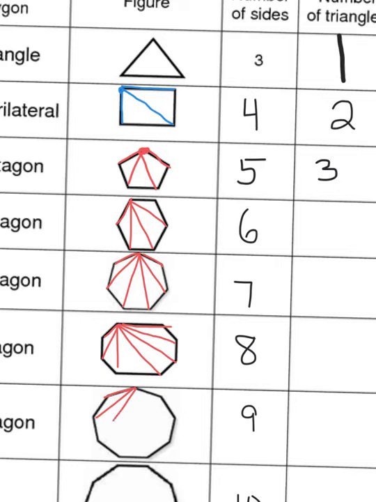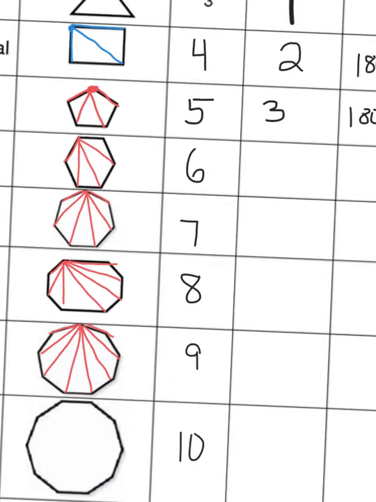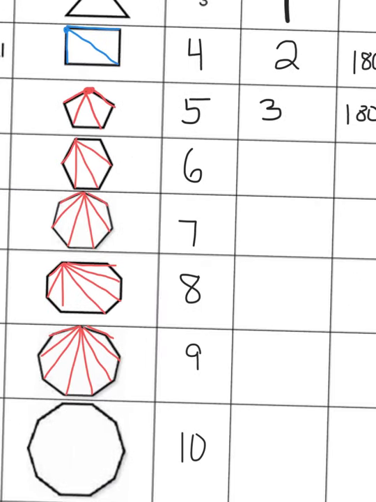As you're doing this, because we've talked about math being the study of patterns, I'm hoping that you are starting to see a pattern and you don't actually have to draw in all of your triangles. For example, here our 6-sided figure ends up with 4 triangles. Our 7-sided is 5, our 8-sided is 6, our 9-sided is 7.